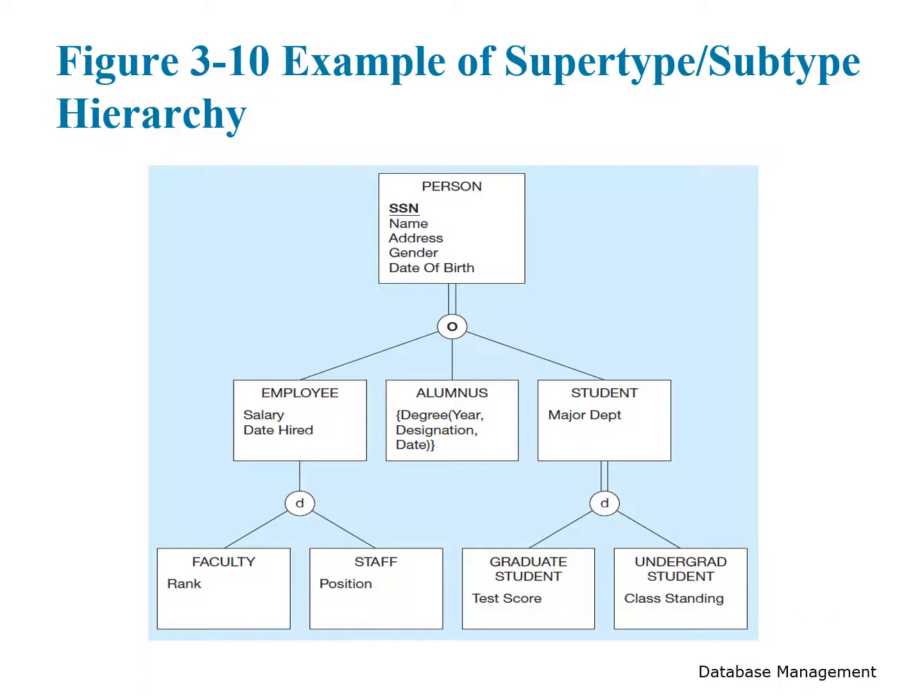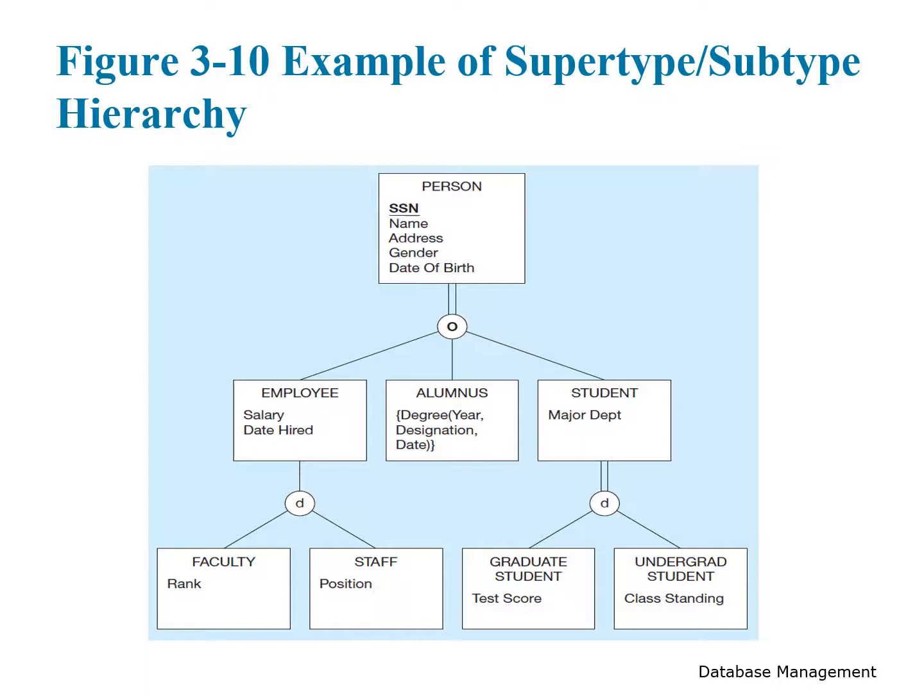You can see an employee can be faculty or staff. Faculty has an attribute, length, staff has position, and then student can also be graduate student or undergraduate student, with test score attribute and class standing attribute. So a supertype-subtype hierarchy can be as deep as we want it to be.